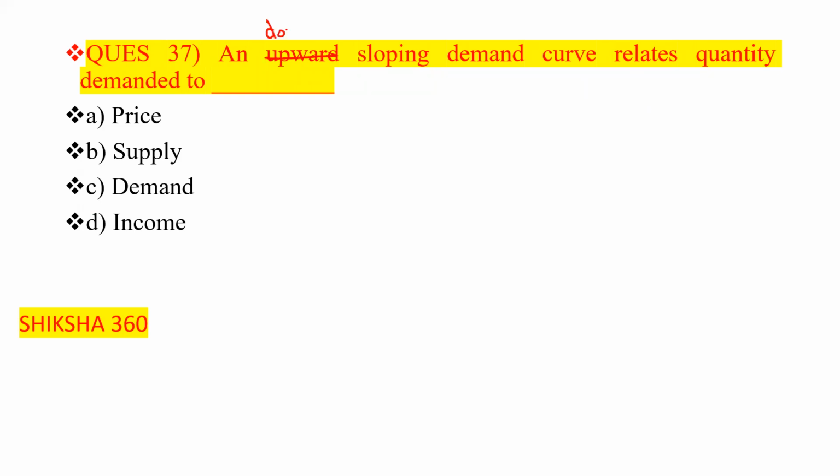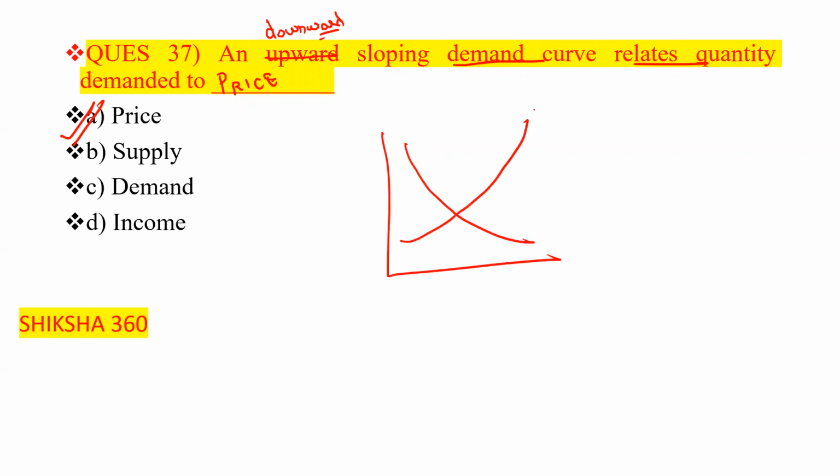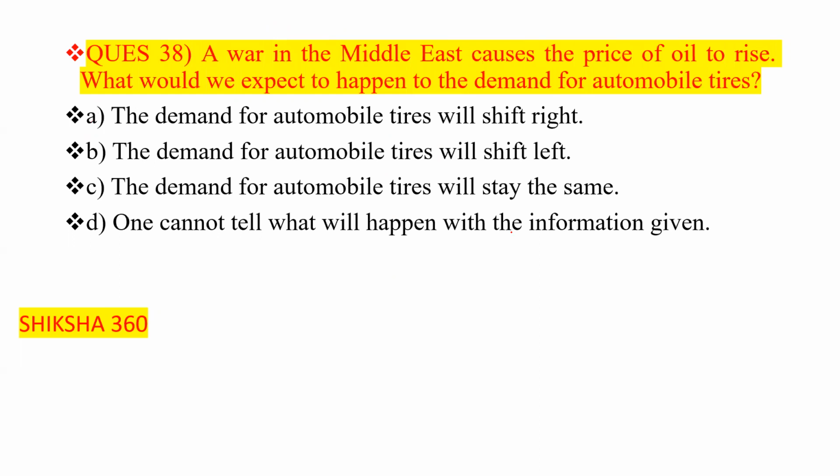A downward sloping demand curve basically relates quantity demanded to price. So option A is the answer. The demand curve has to be downward sloping, while the supply curve is upward sloping. Now move to the next question.